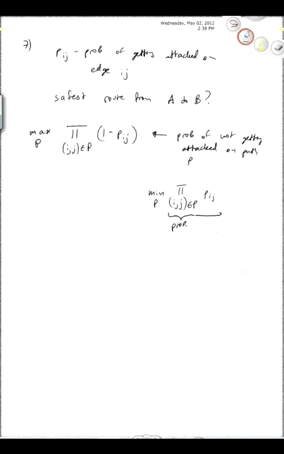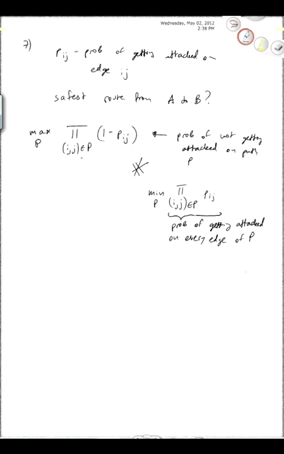This is actually the probability of getting attacked on every edge of P. So this is kind of an extreme case where you're getting attacked everywhere. So these two things are not equivalent.